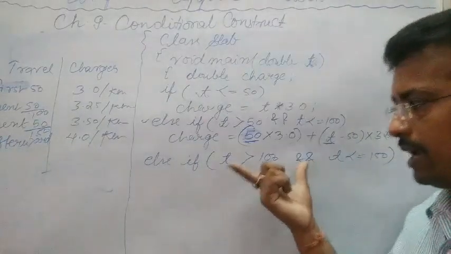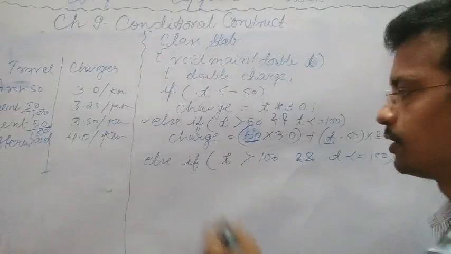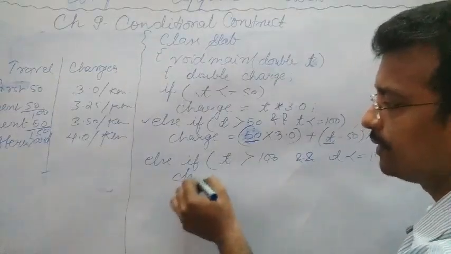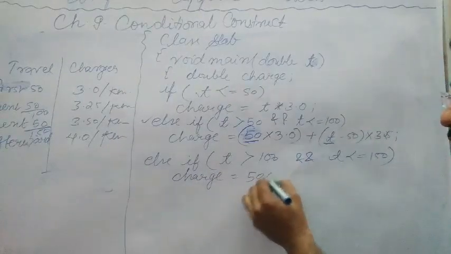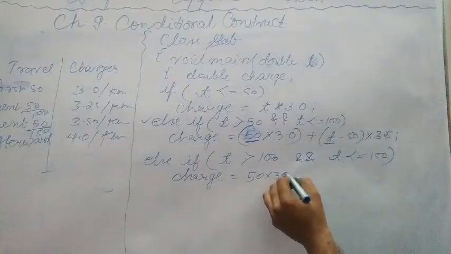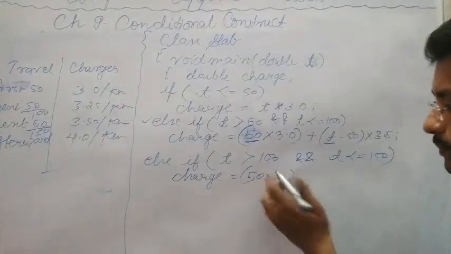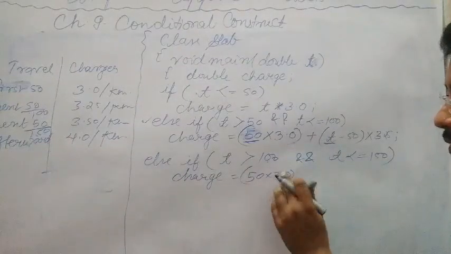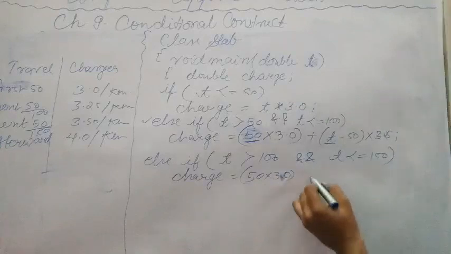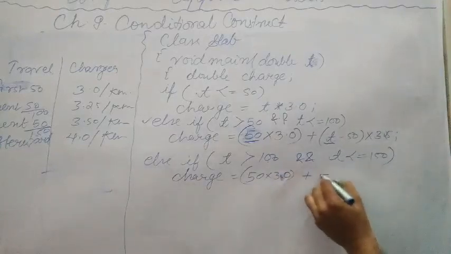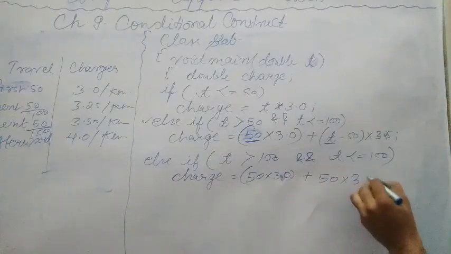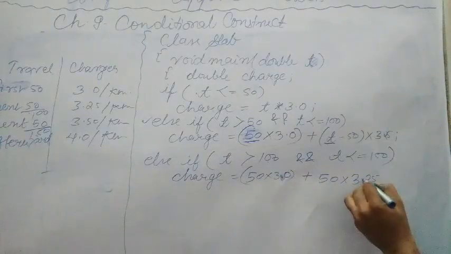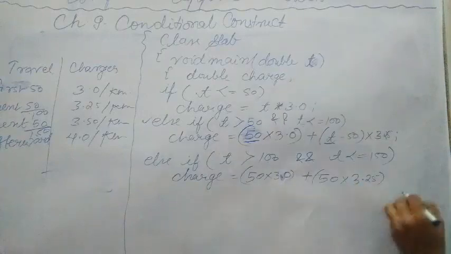And if any value of t falls in this condition, the charge will be like this. Charge equal to first 50 at 3 rupees per kilometer, next 50 at 3.25 per kilometer, plus whatever is left.